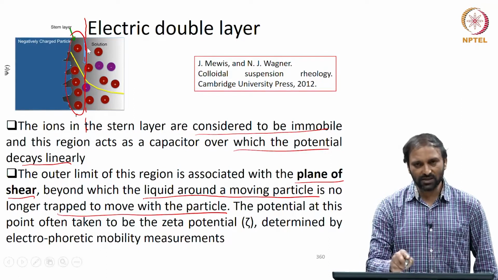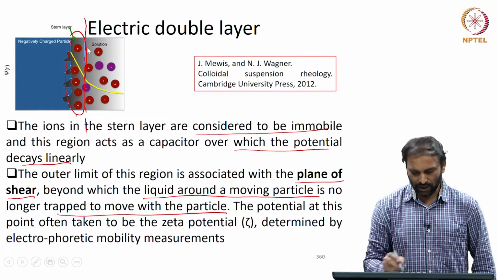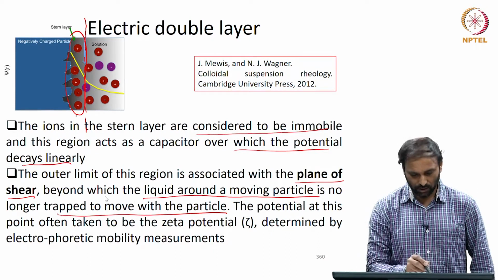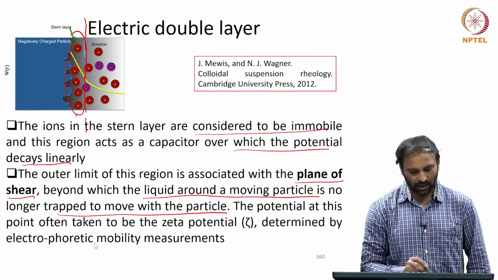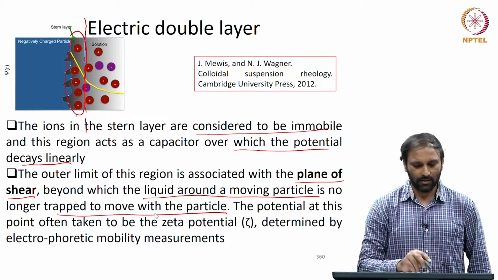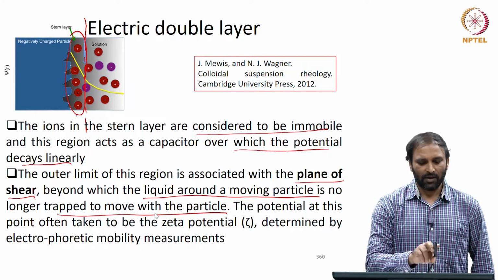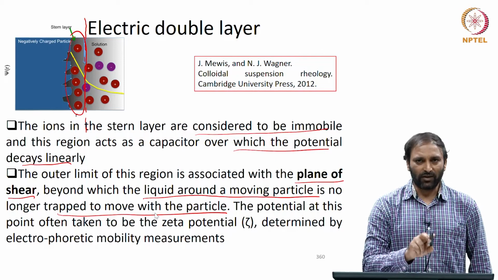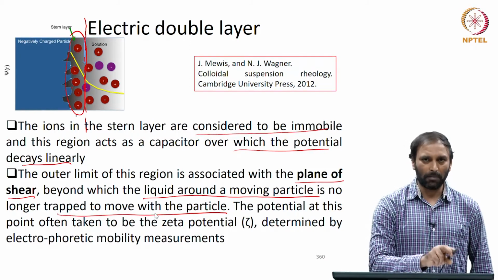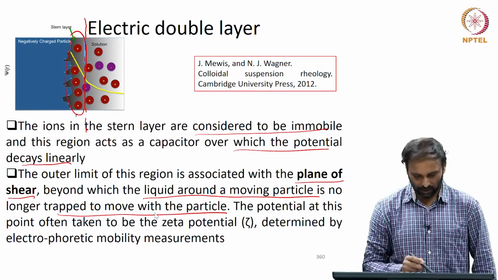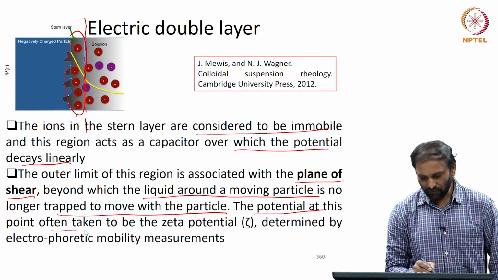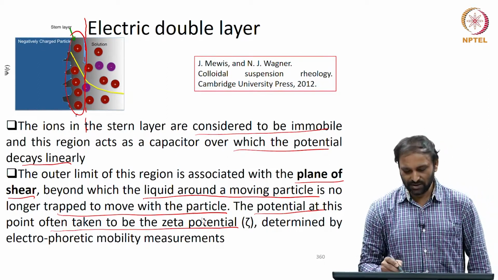However, beyond this boundary, the liquid around a moving particle is no longer trapped to move with the particle. So, this boundary essentially tells you whether the liquid next to the particle is moving along with the particle or not. The potential at this point is often considered to be the zeta potential.